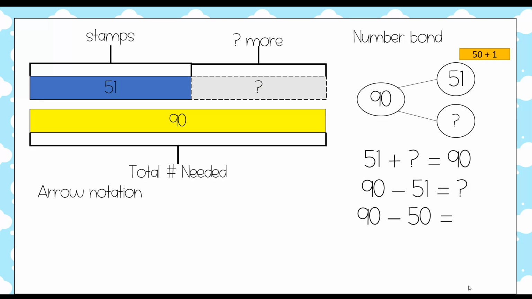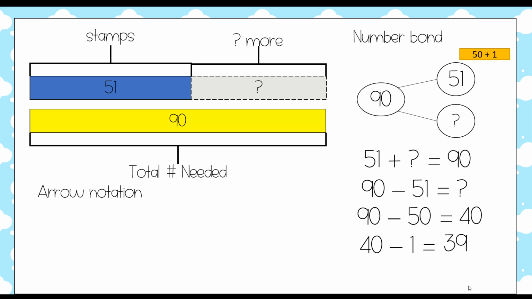If 9 minus 5 is 4, then 90 minus 50 is 40. What about the 1? We can't leave it out. We have to take it away too. We took away 50, but we were supposed to take away 51. So 40 minus 1 is 39.